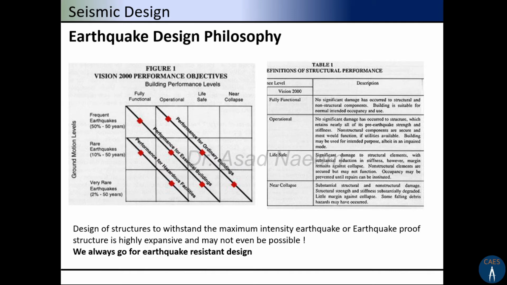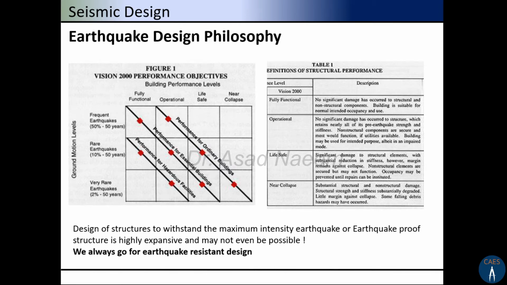As we can see in this table, fully functional means no significant damage has occurred to the structural and non-structural components, and the building is suitable for normal intended occupancy and use. In operational, no significant damage has occurred to the structure, which retains nearly all of its pre-earthquake strength and stiffness. Non-structural components are secured and most of them are functional.